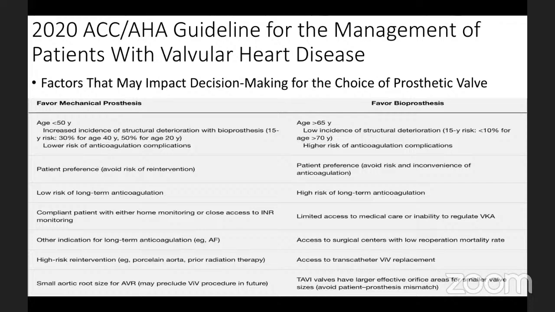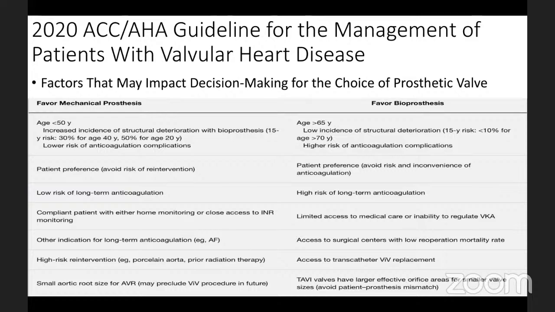Also, they mentioned factors that impact your decision in choosing the valve. There are many factors that favor a mechanical prosthesis or a bioprosthesis. In case we have a male patient who is less than 50 years old, or a patient who prefers to avoid the risk of re-intervention, with low risk for long-term anticoagulation, mechanical prosthesis would be a good option.